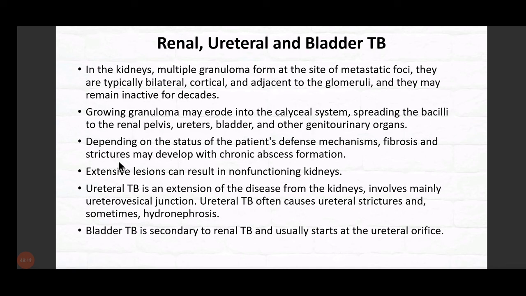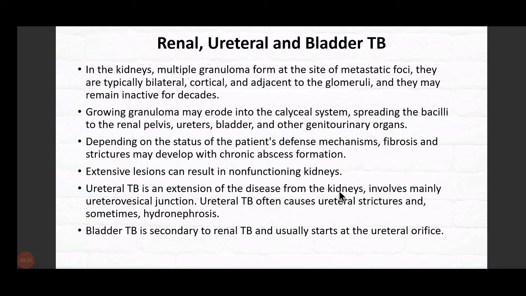Now stricture formation will happen in cases of the ureter. The ureteral disease comes from the kidneys only once the collecting system has been involved. That is, the abscess has ruptured into the collecting system. If there is no obstruction, the proximal and middle parts of the ureter are rarely involved, and there is some kind of physiological sphincter mechanism at the lower end of the ureter at the ureterovesical junction.